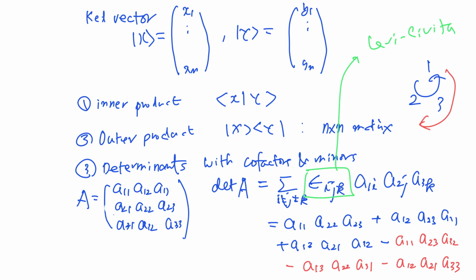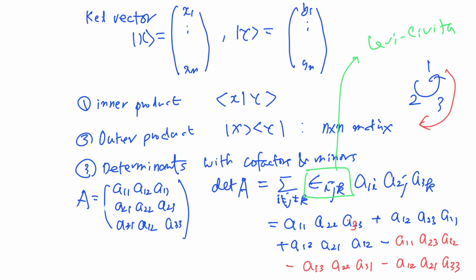So you just write down 1, 2, 3, and then choose the second index, which is the column index, according to this rule. So it's counterclockwise or plus. So 1, 1, next is 2, 2, 3, 3, right? And you can set this 2, 3, 1. So 1, 2, 2, 3, 3, 1.